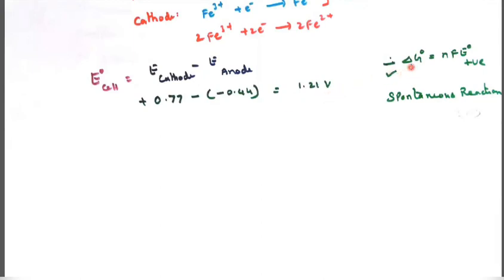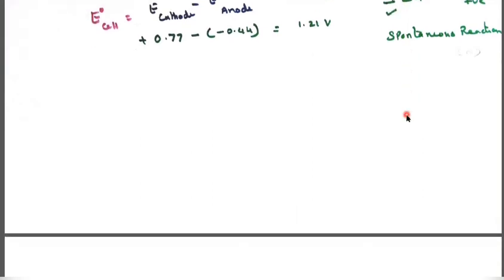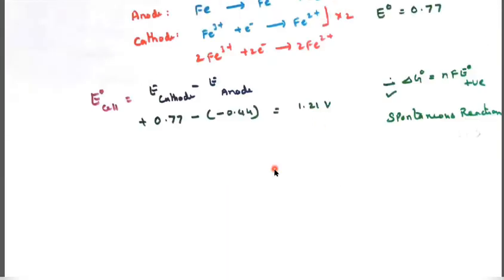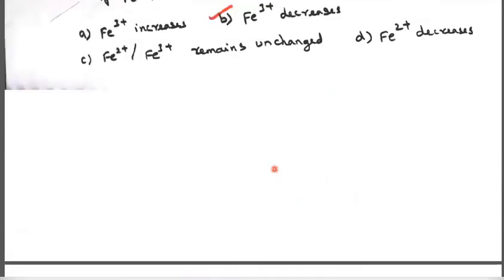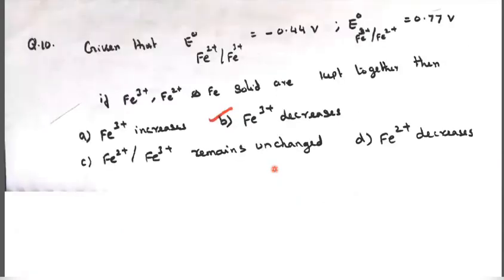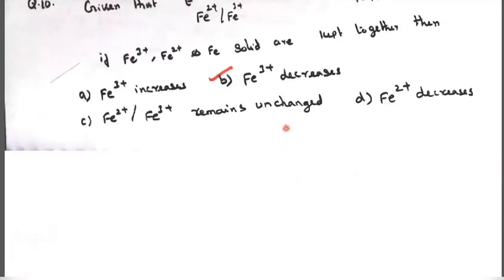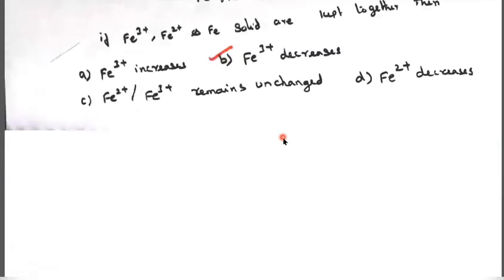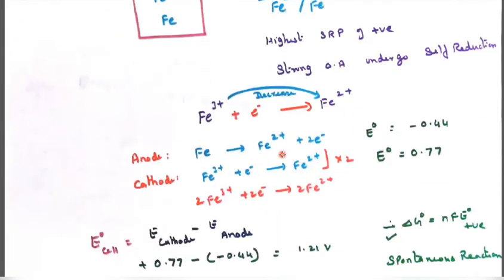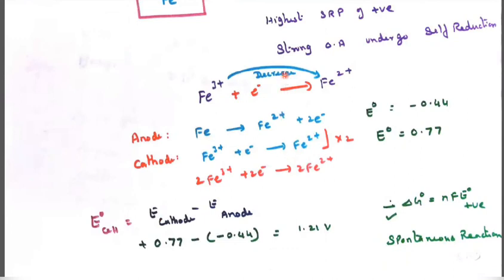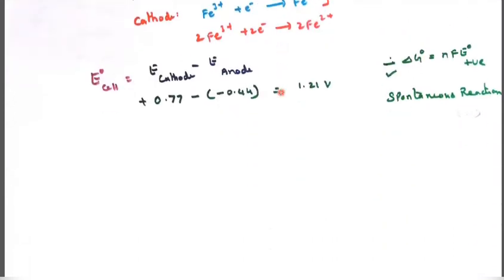Here, delta G naught is equal to minus nFE naught. The E naught value is positive, so delta G naught is negative, which means it is a spontaneous reaction. So Fe3+ decreases. Thanks for watching.